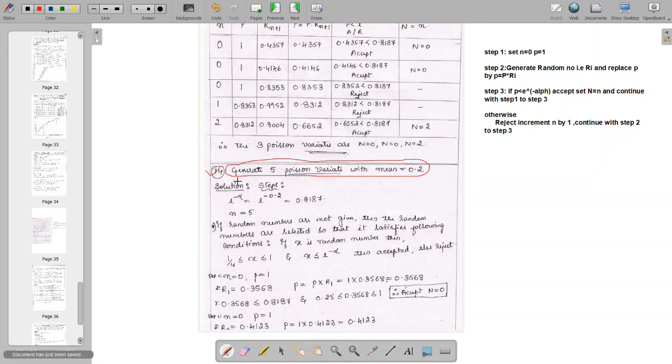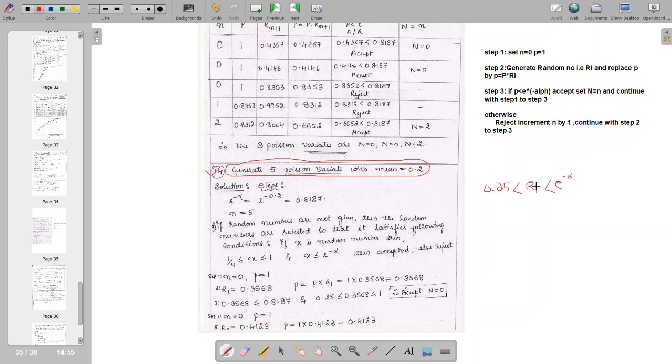So you need to generate random numbers in such a way that the assumed random number should be between 0.25 and e to the power of minus alpha.